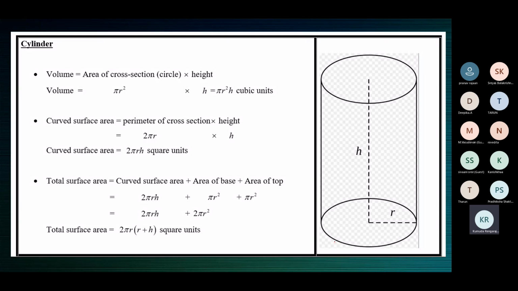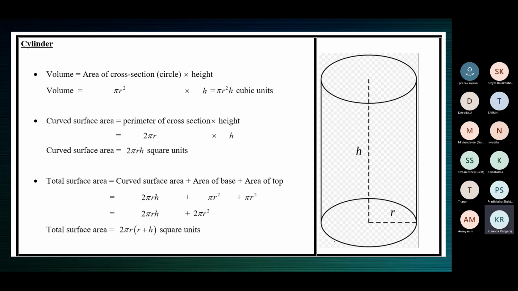If a cone and a cylinder have the same radius and height, then the volume of the cone is 1/3 the volume of the cylinder.